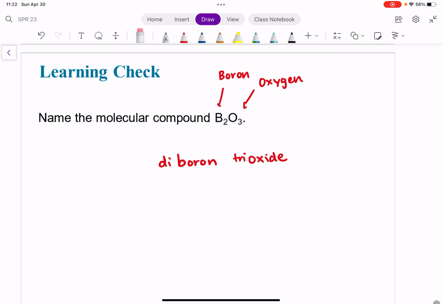Yeah, we have 3 of them. So we have to show how many we have. Likewise, when you were reading this, just by reading this, you would know, as long as it was named correctly, how many of each thing you had. So you would know if you have boron, right? You have 2 of them, because there's that di prefix. And you would know you had oxygen, and you specifically had 3 of them. Okay.